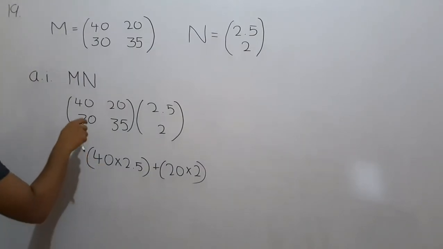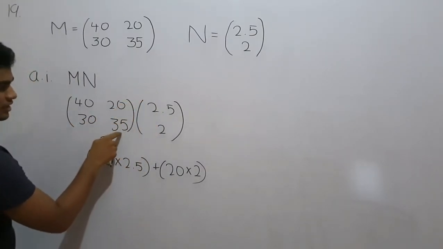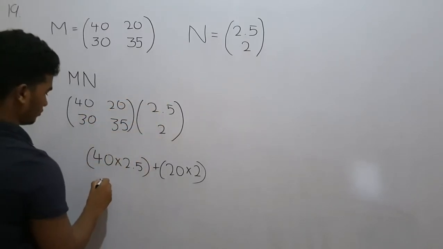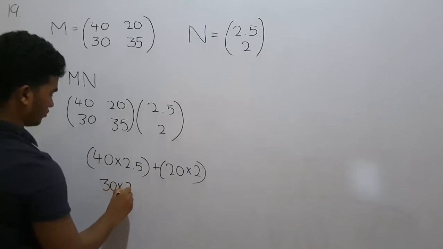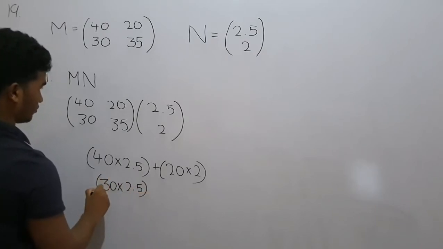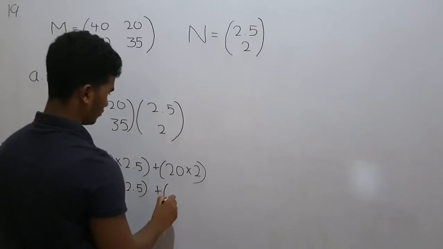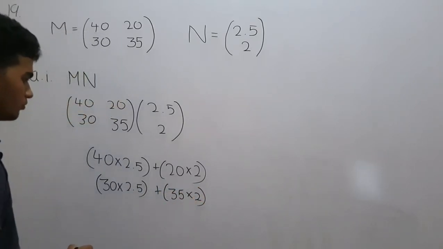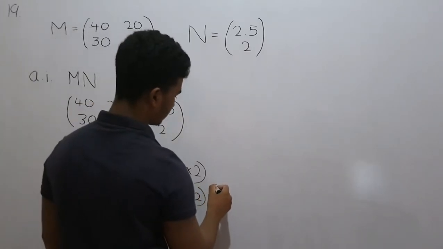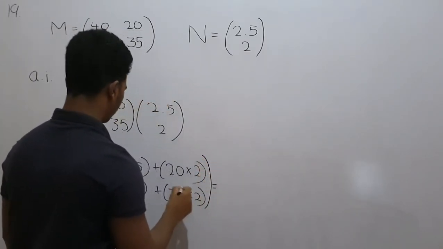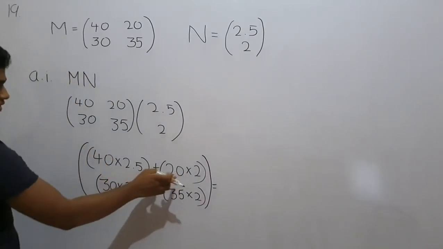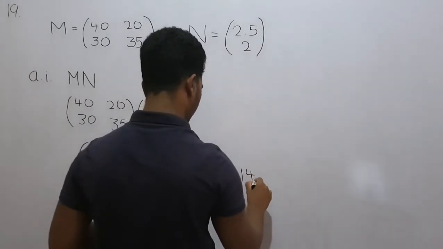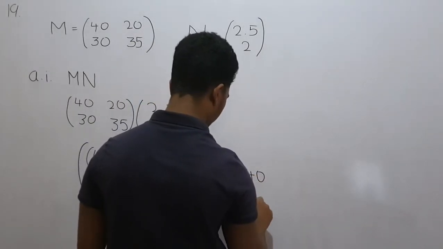Then our next row, 30 into 2.5 plus 35 into 2. So we are getting our final matrix. When you simplify this, you are getting the final matrix as 140 over 145.